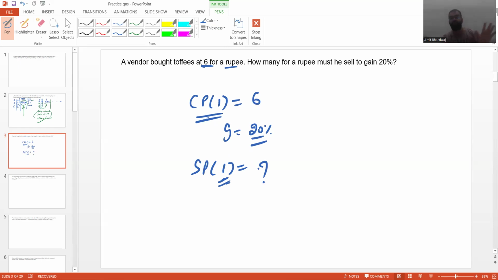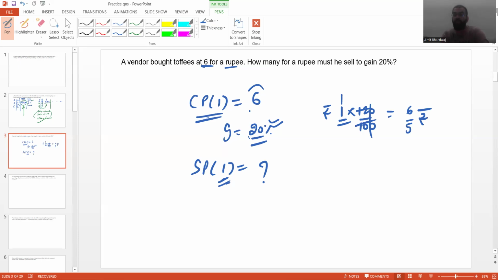So what is the logic? Logic is, if he is getting to gain 20%, definitely at 1 rupee he is buying, right? Vendor is buying. If he is gaining 20%, definitely the 120% you need to find out. Why? Because he is getting 20% gain, right? So definitely purchased at 1, so final amount is 120 by 100, which is 6 by 5. Yes or no?